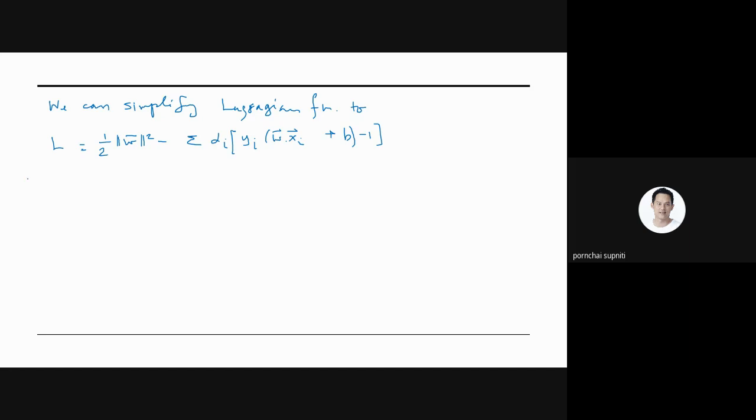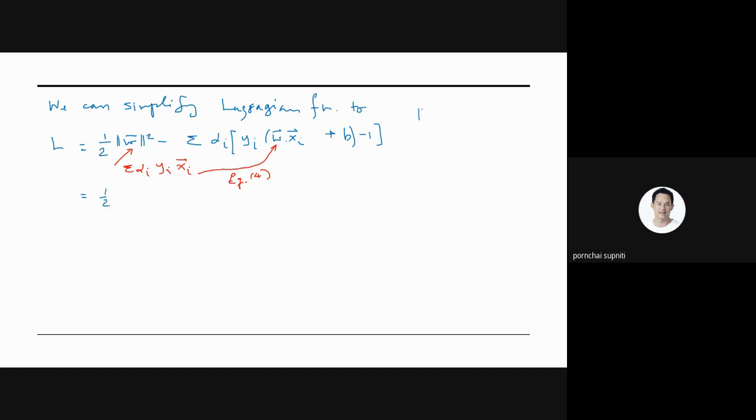So if we let w be what we had on the previous page, this w is summation of alpha i, yi, xi vector. We can replace this w in here with the same equation 4 from the previous page. So let's see what we will have. We will have 1/2.